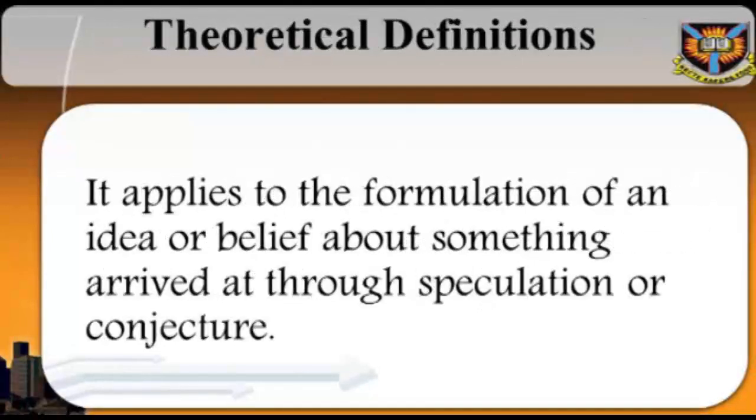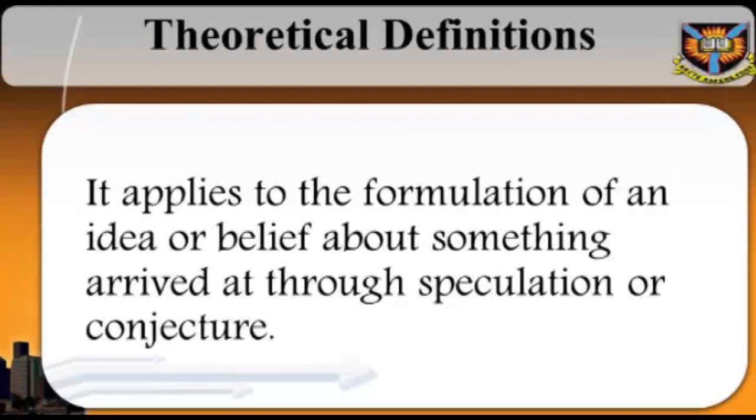Theoretical definitions. This type of definition applies to the formulation of an idea or belief about something arrived at through speculation or conjecture. Thus, a theoretical definition of a term attempts to formulate a theoretically adequate or scientifically useful description of the objects to which the term applies.